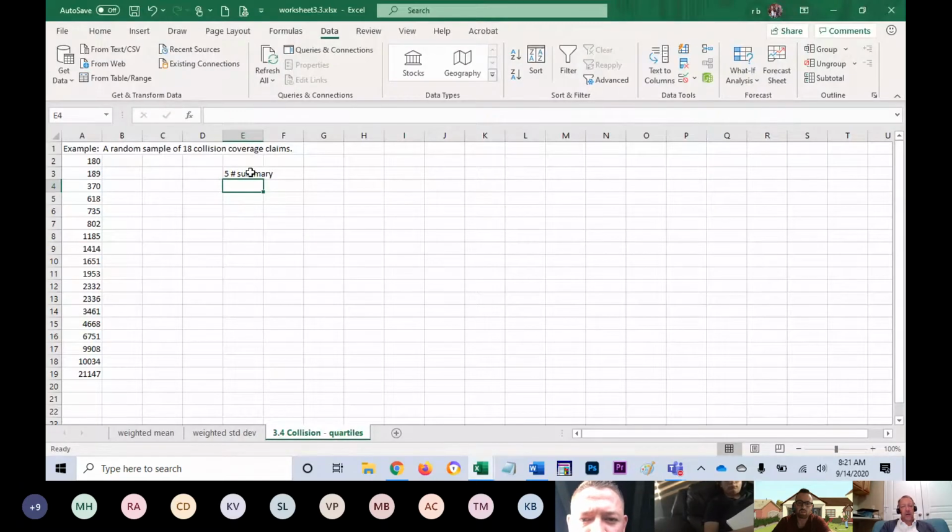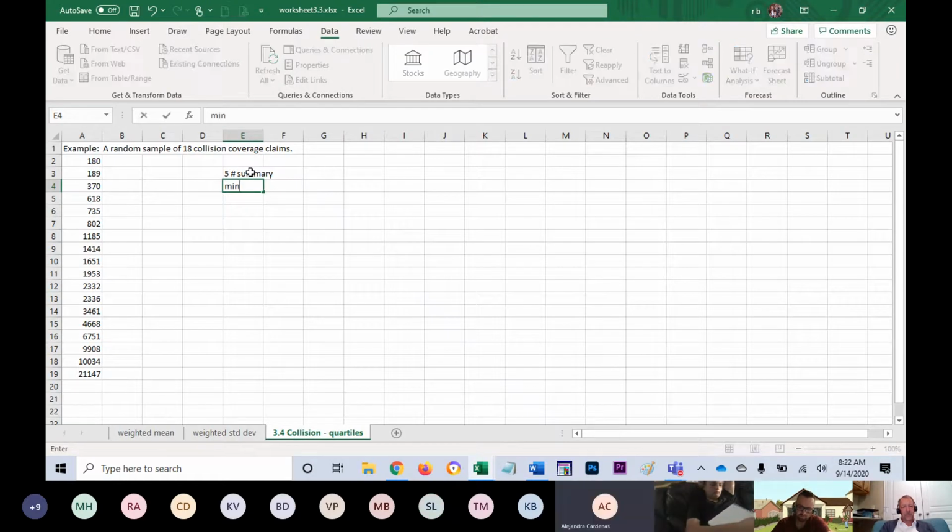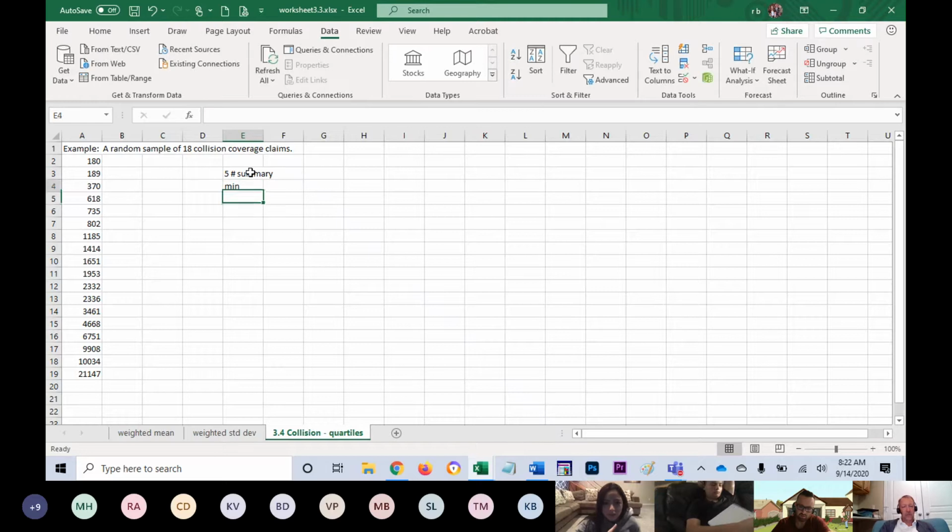We're already going to quiz you guys and see who's paying attention here. Alejandra, can you tell me what the 5 numbers are that compose the 5-number summary? Yeah, so it's the minimum, the maximum, the median.